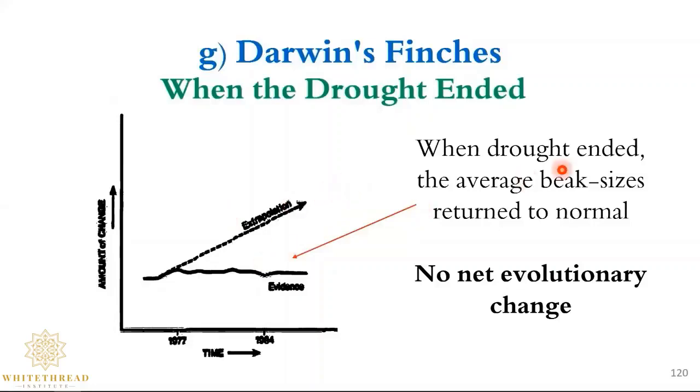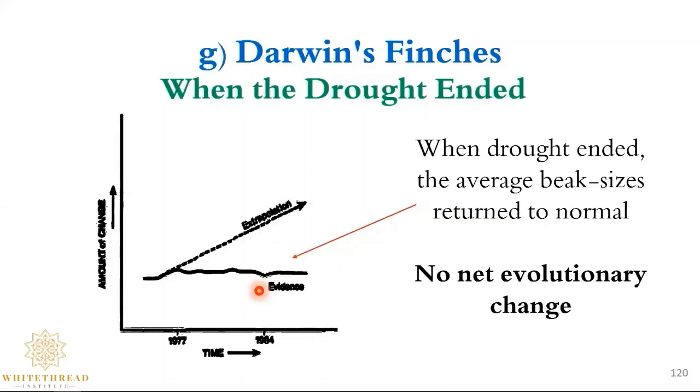But when the drought ended, there was an oscillation, a swing back and forth just about the mean, the average beak size that should have been the sizes of the beaks originally. So we have beak sizes oscillating about the normal value ever since the drought. The actual evidence is the line at the bottom, and the rest is extrapolated. So there's no net evolutionary change.